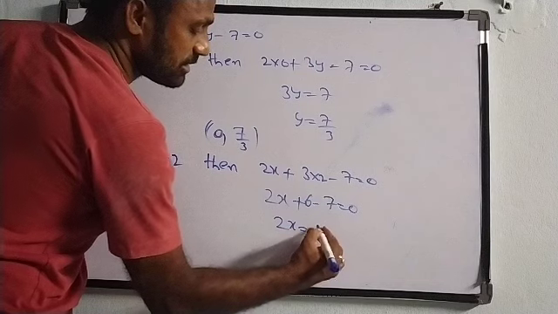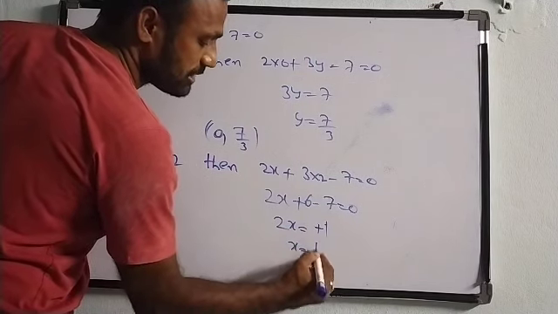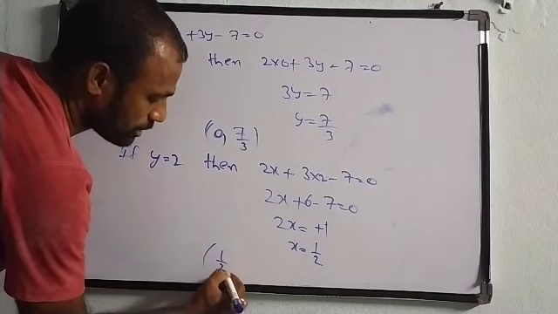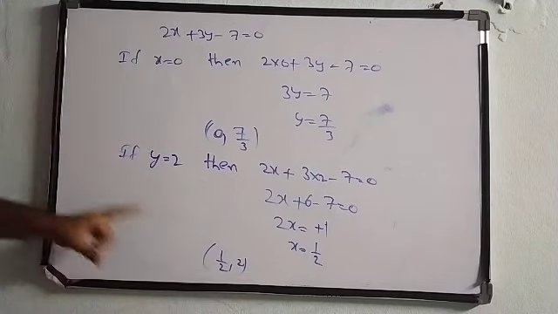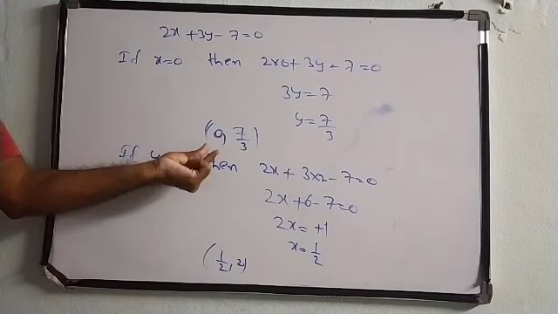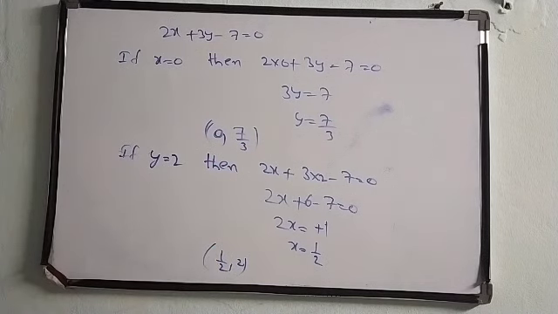So 2x is equals to plus 1, so x is equals to 1 by 2. So here the point is 1 by 2 comma 2. We need to represent first x coordinate, then after only y coordinate. So the two different solutions are 0 comma 7 by 3, 1 by 2 comma 2.